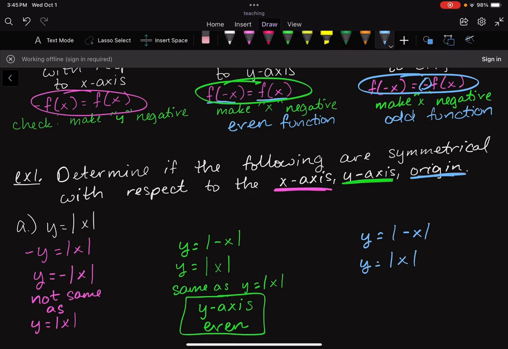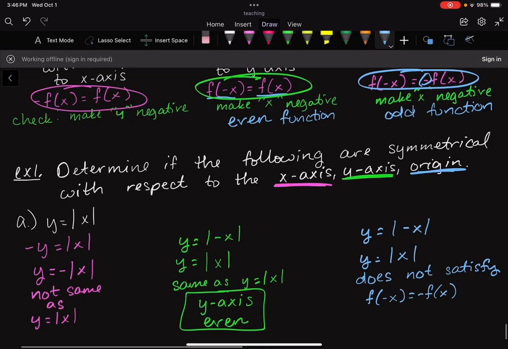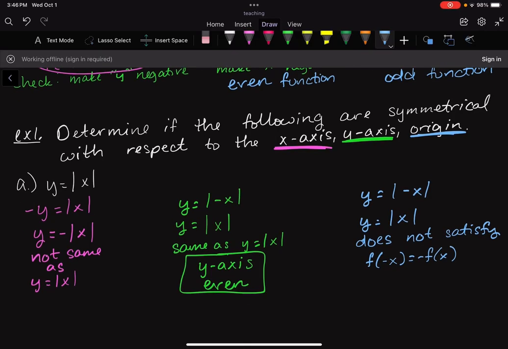So the negative just disappeared. So it does not satisfy our property here. So no, it doesn't have symmetry about the origin.